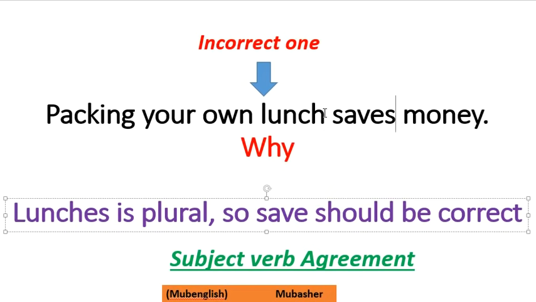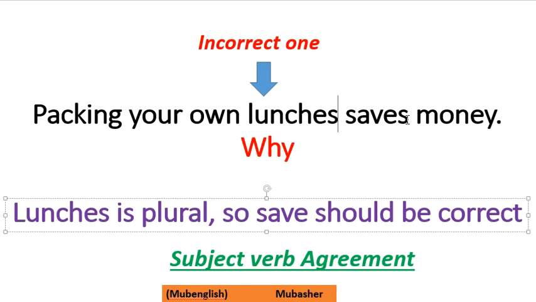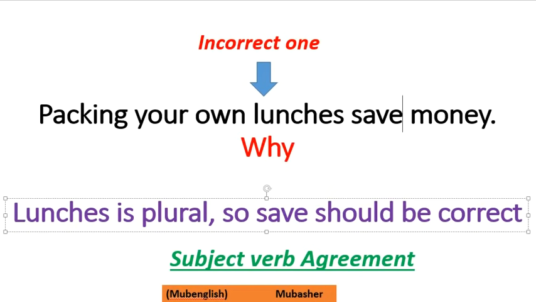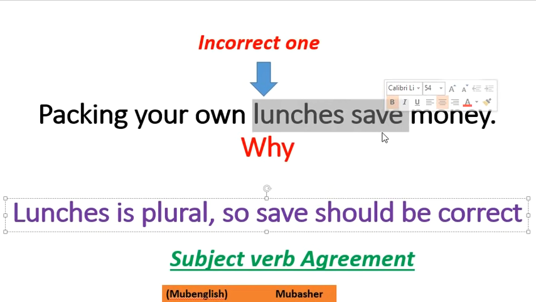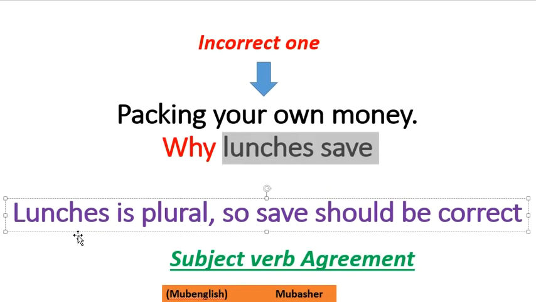So this was the past rule of present indefinite. But now this is lunches and this is save, and even then we are saying that this is incorrect. Why is this incorrect? What's the reason? Lunches is plural, so save should be correct. That's the point of confusion, and that's why I want to discuss this topic with you.